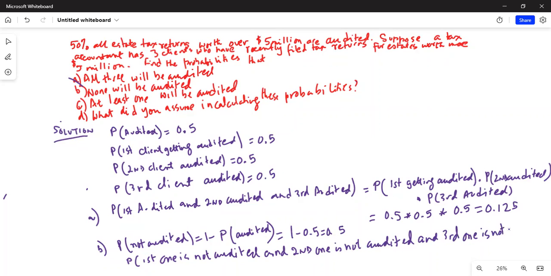That is the joint event where all three are not audited. Because they're independent events, this joint event is equal to the probability of the first not audited times the probability of second not audited times the probability of the third not audited.